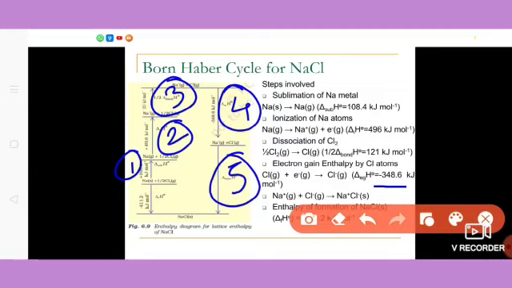If we sum all these 5 steps and we equate it with the heat of formation of sodium chloride from the elements sodium and chlorine gas, then we find that the sum of all these steps and the heat of formation of sodium chloride both are equal.